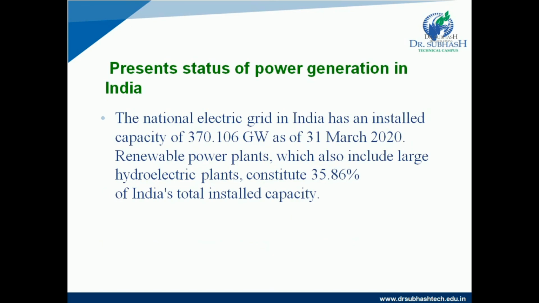Now, the last topic of this chapter number 1, thermal power plant, is the present status of power generation in India. The national electric grid in India had an installed capacity of 370 gigawatt as of 31st March 2020.